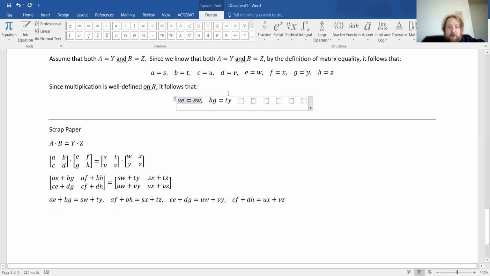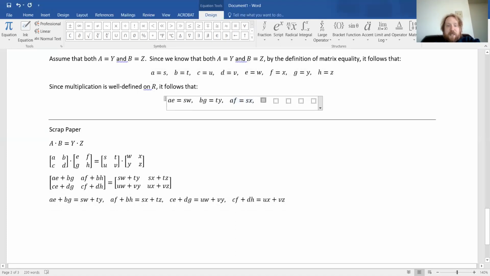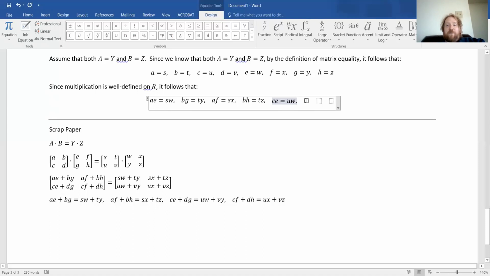We get AF equals SX. We get BH equals TZ. We get CE equals UW. We get DG equals VY.